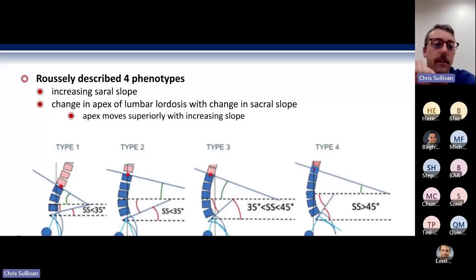So as you can see in type 1 with a very small pelvic incidence, the apex is really at L4-L5, versus type 4 with an increased pelvic incidence, the apex of that lumbar lordosis is higher in the spine. And that can certainly be something that you should be aware of and take into account as a part of your surgical planning.